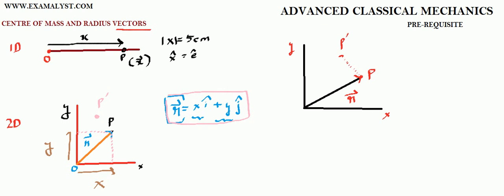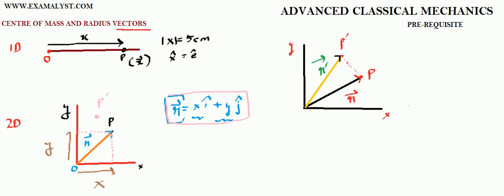P dash will have its own radius vector, from here to here, represented by a vector line. As I said, a vector represents the position of points, and say this P dash is represented by a vector r dash.